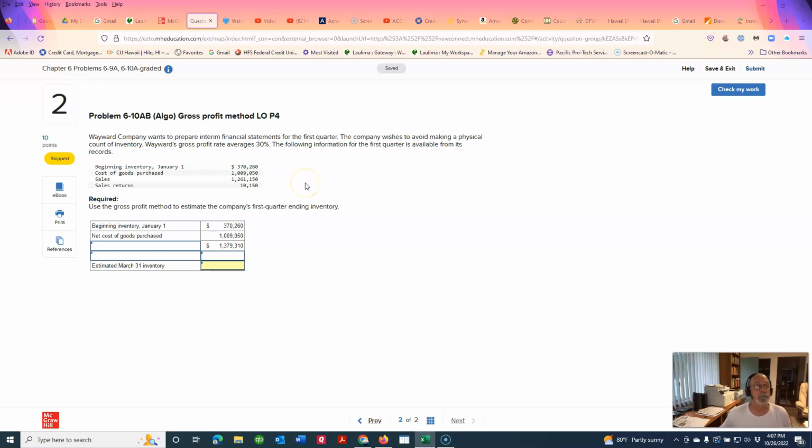Okay, so again, the company wishes to avoid making a physical count of inventory. Wayward's gross profit rate averages 30%.